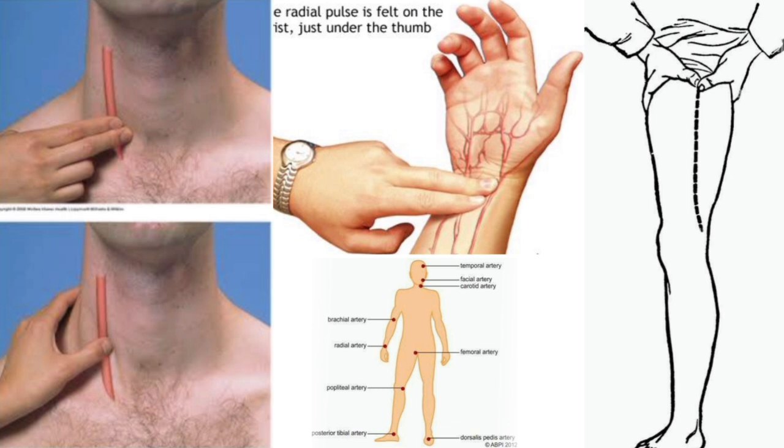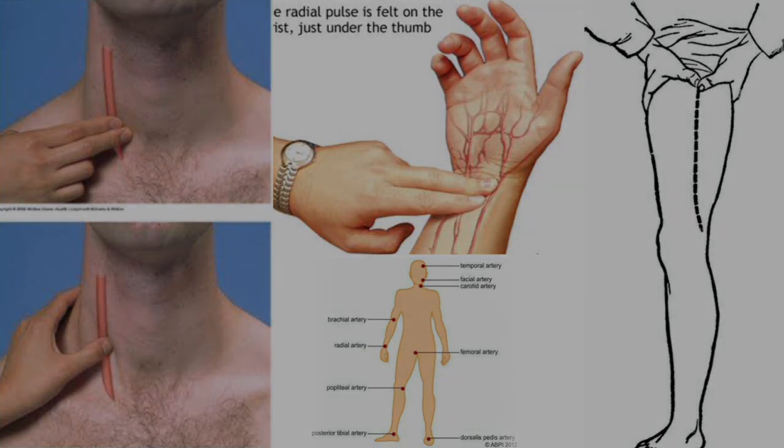And when the radial pulse is palpable, the SBP is over 80. This method is especially useful in trauma or shock patients to quickly assess the circulatory status. If no pulses are palpable, it usually indicates a systolic pressure below 50 to 60, which is a life-threatening condition requiring immediate intervention.